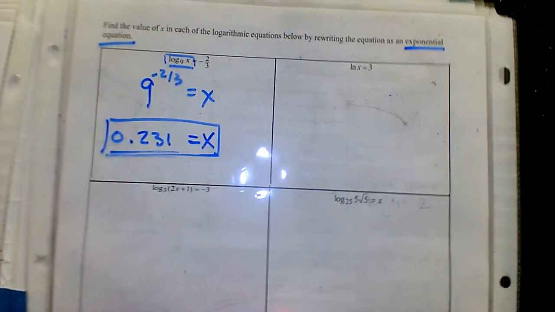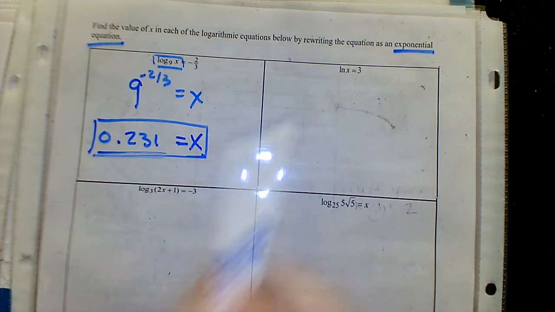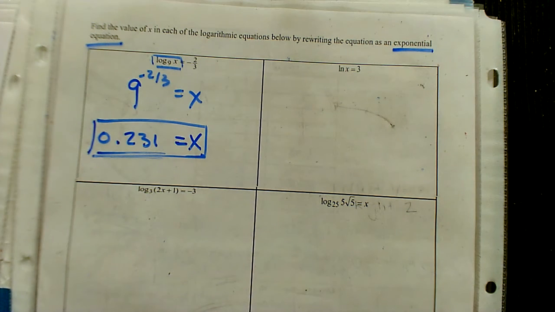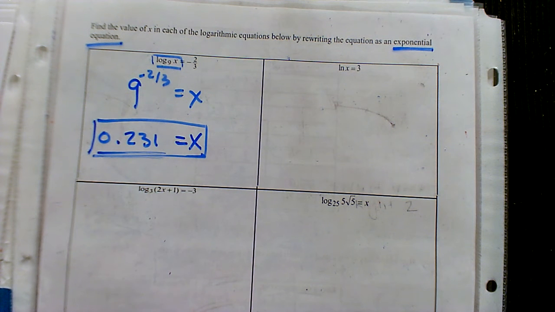Let's go ahead and try the next one. Notice this is a natural log, so we have to think about, if we convert that to an exponential, what's the base, what's the power, and what's the answer? Let's start with the base. If it's a natural log, what base does it have? Common log was base 10. Natural log is base, yeah? 2.718.